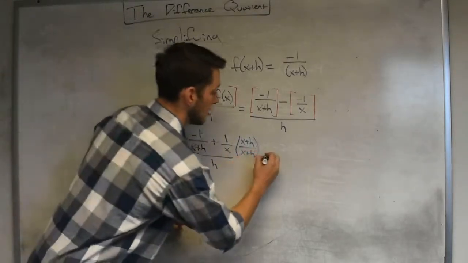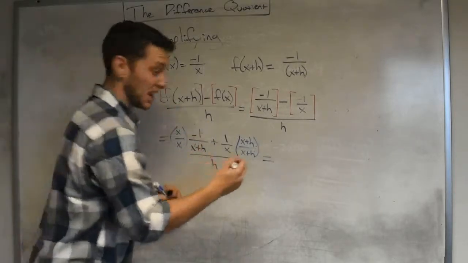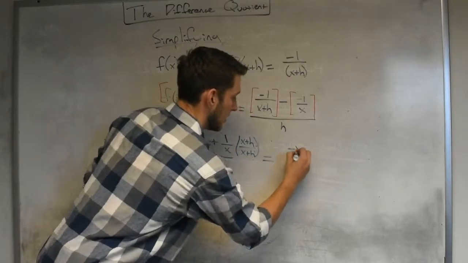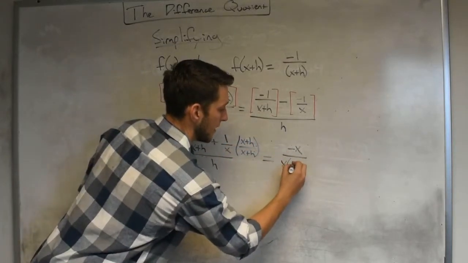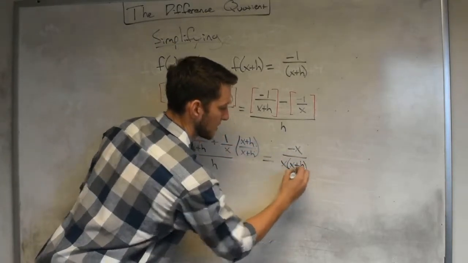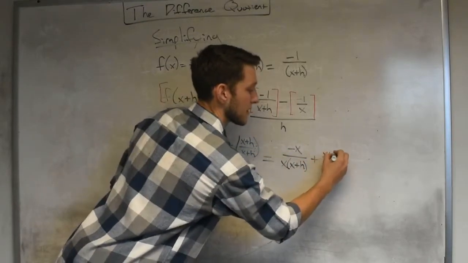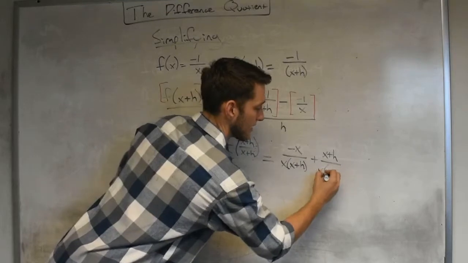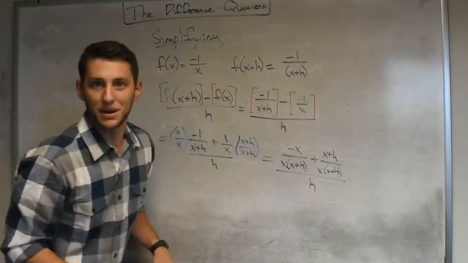Because now, when we go to simplify our functions by actually doing this multiplication, over here I'll have negative x times x plus h, divided by, plus x plus h, all over x times x plus h, all divided by h.